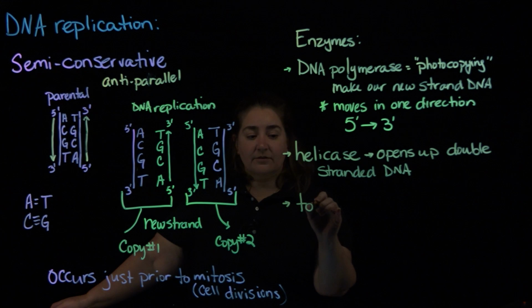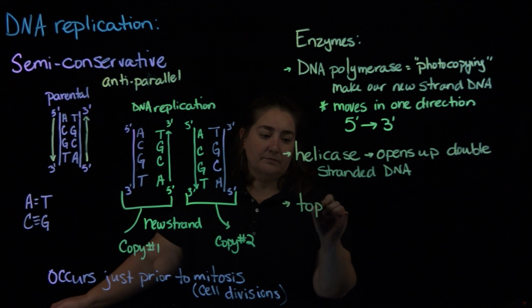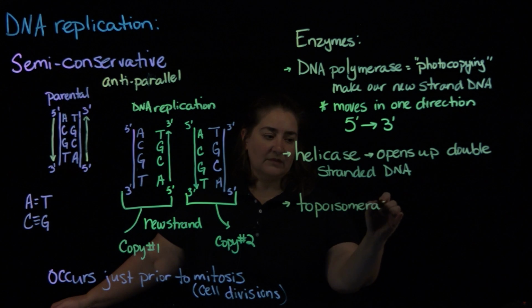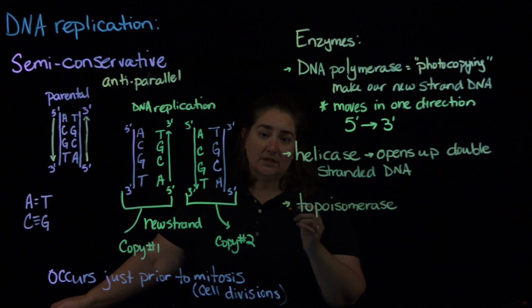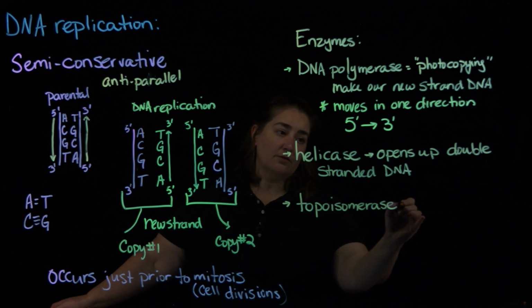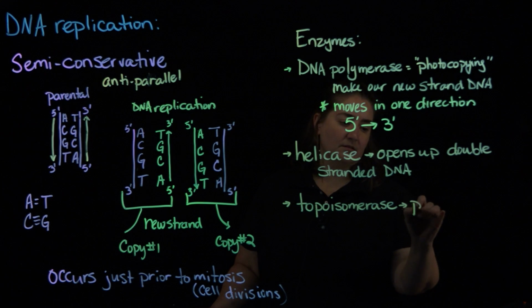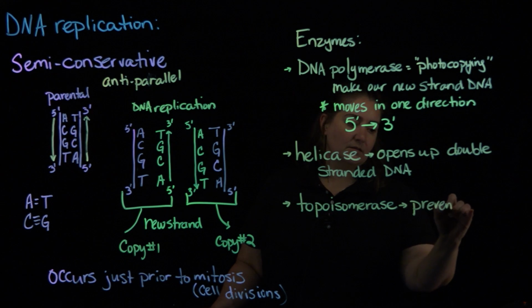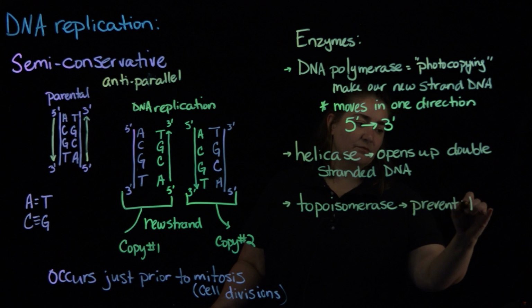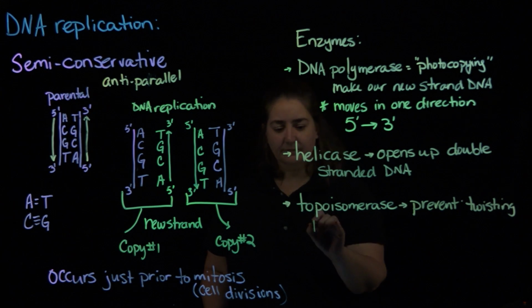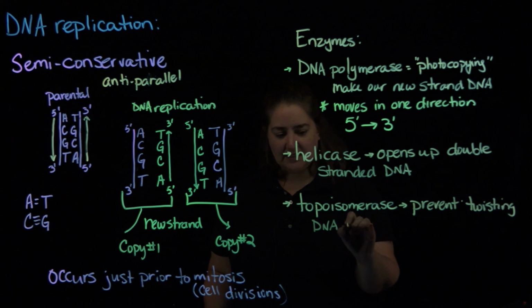There's another enzyme called topoisomerase that's going to be important as well. Topoisomerase is going to prevent essentially twisting of the DNA molecule.